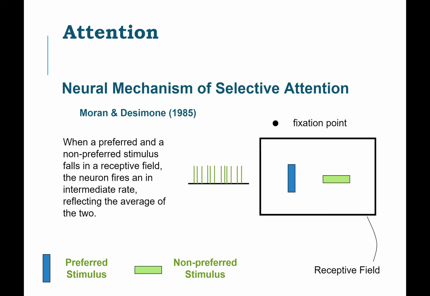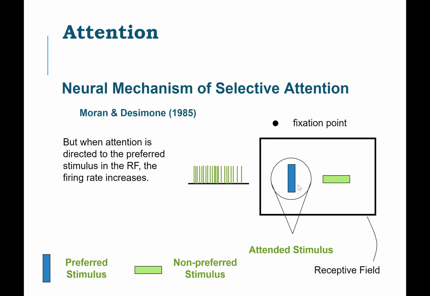Imagine you're in a bar or something, and someone says, "Oh, look at this person at 3 o'clock," and then you're not moving your eyes, but you're attending to somewhere out here, and that's called covert attention. So the eye remains fixated here, and the monkey covertly attends to the blue object.